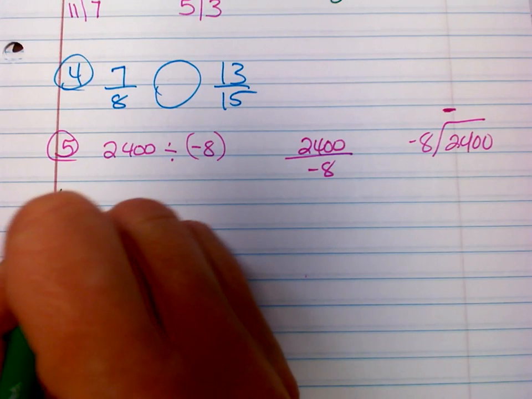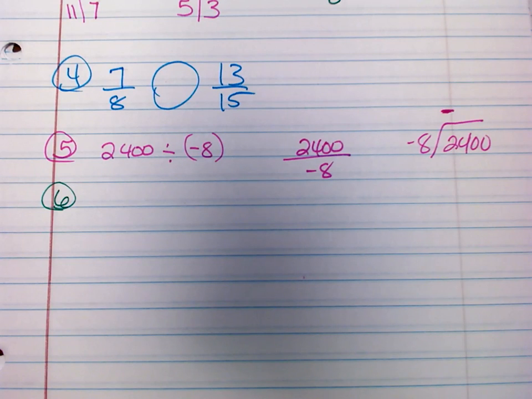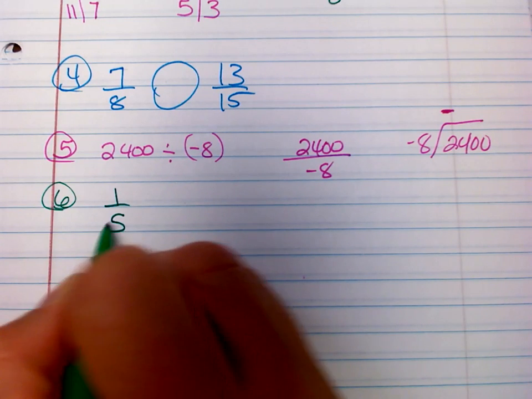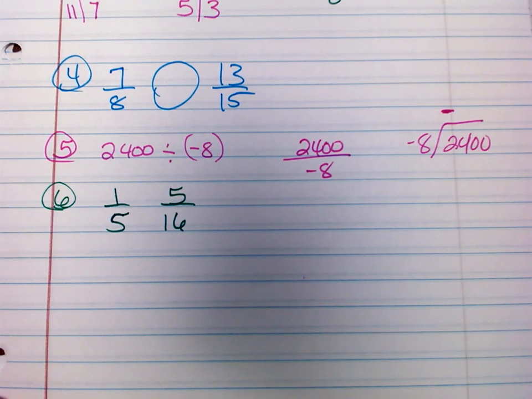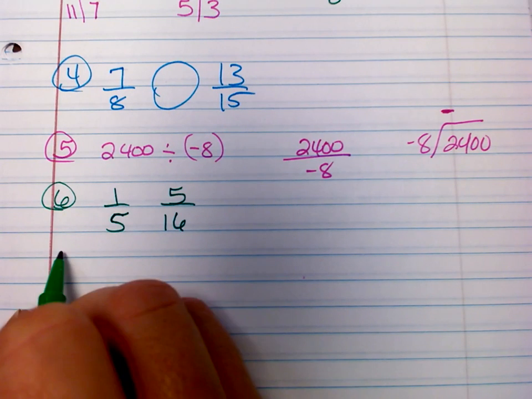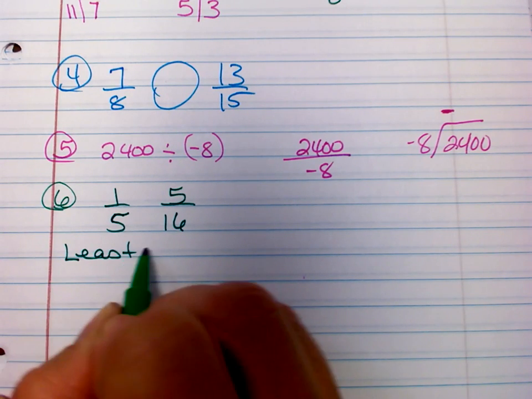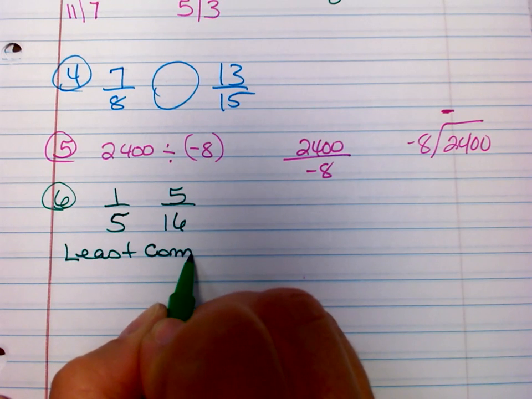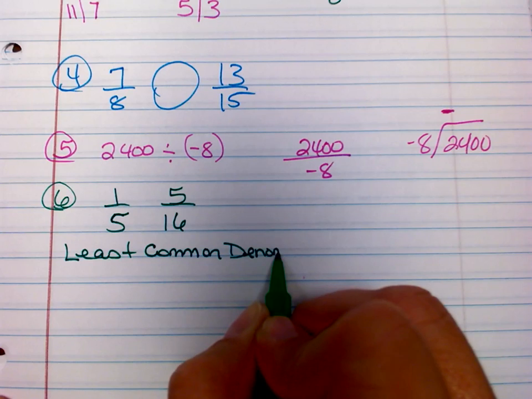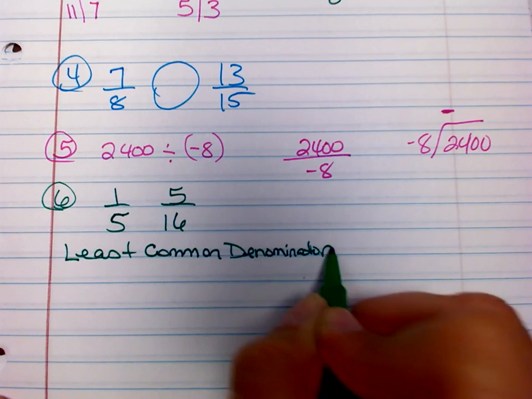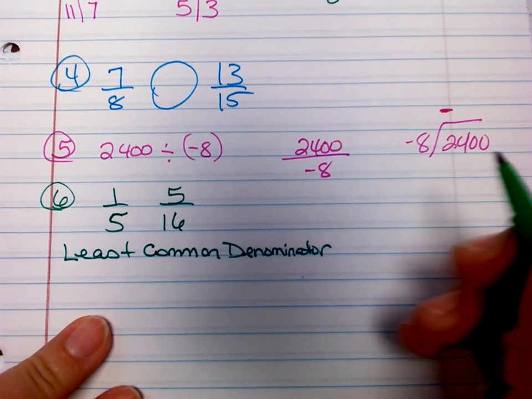Number 6. What is the least common denominator of 1/5 and 5/16? Least common denominator. Okay.